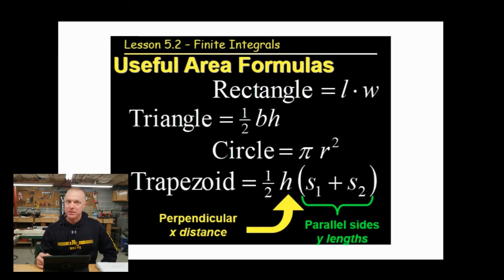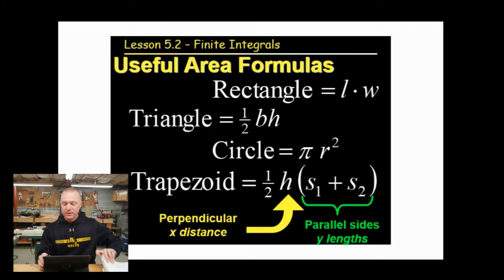It's going to be a helpful formula for this problem. Since we won't need to divide this up, we can just plug straight into this formula for h, which is the perpendicular x distance. Again, it's the height, but it's the perpendicular x distance, and the parallel sides are always S1 and S2, and those are the y lengths.